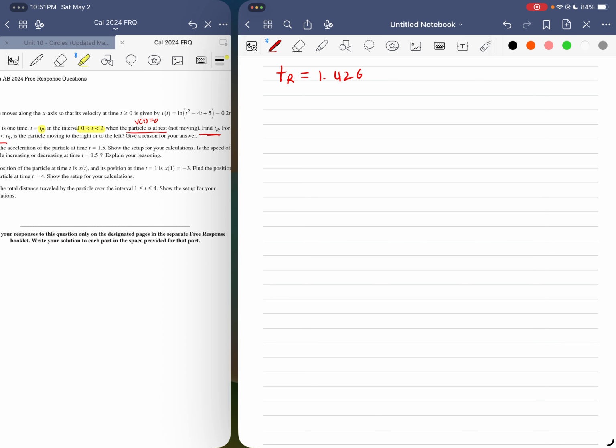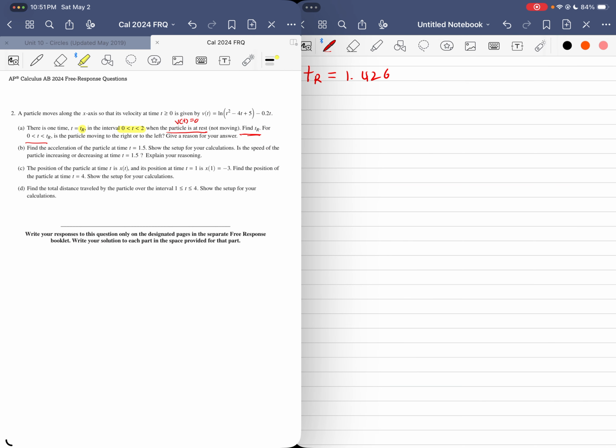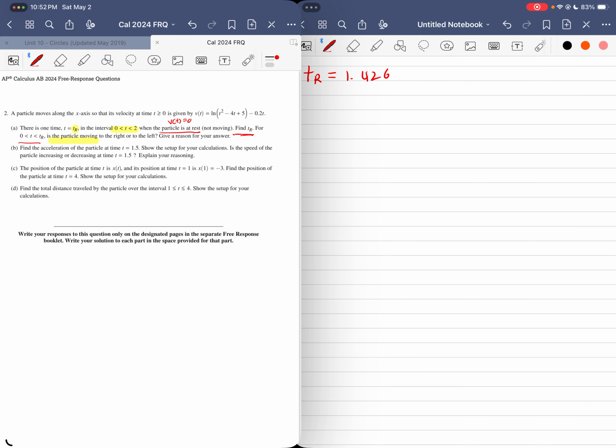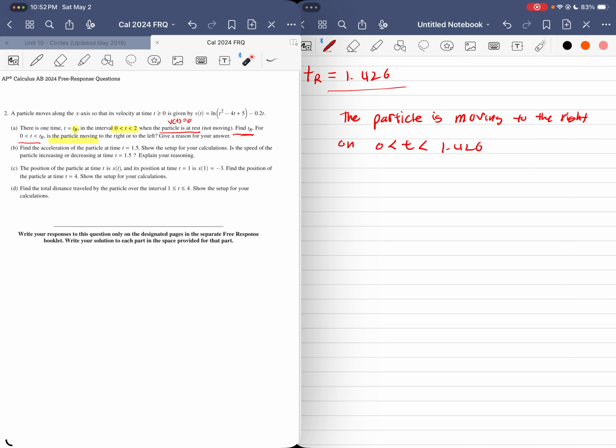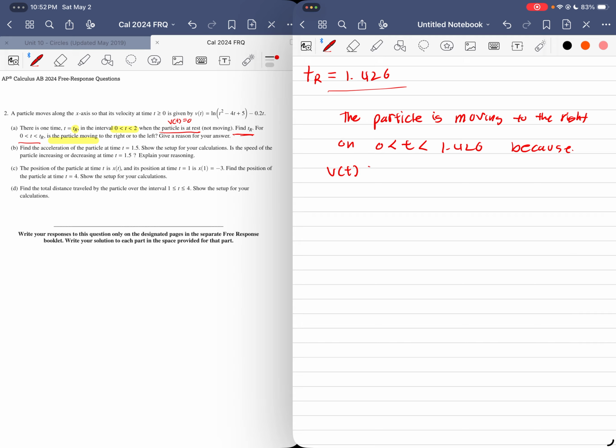If you don't know English, just like me, just copy this down: the particle is moving to the right on 0 to t of r, we already got 1.426 because that's what the question is asking, because v of t is greater than 0. Okay, so that's A.